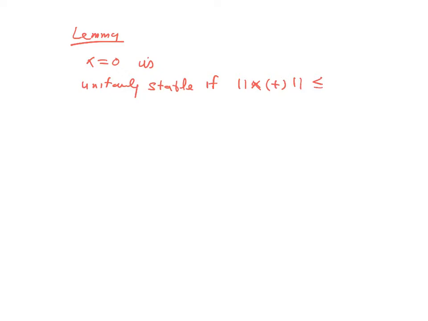Anyways, whatever lemma this is, we can cook up something. So I'm just re-giving you the definitions in terms of class K and KL functions. x equals 0 is uniformly stable if norm of x of t is less than or equal to alpha of norm of x of t0.